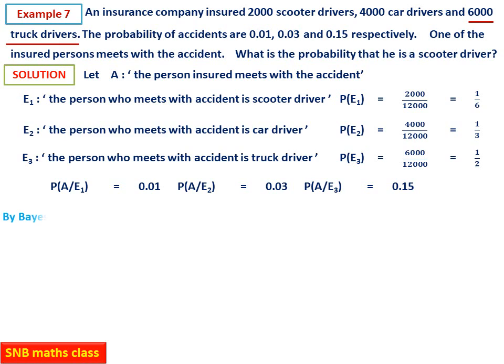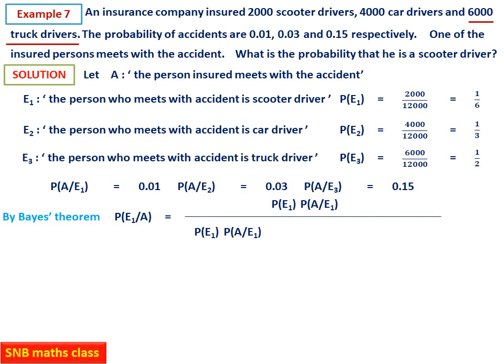Now very simple, by Bayes theorem, probability E1 given A is asked, so that will be equal to probability E1 into probability A given E1 divided by probability E1 into probability A given E1 plus probability E2 into probability A given E2 plus probability E3 into probability A given E3.